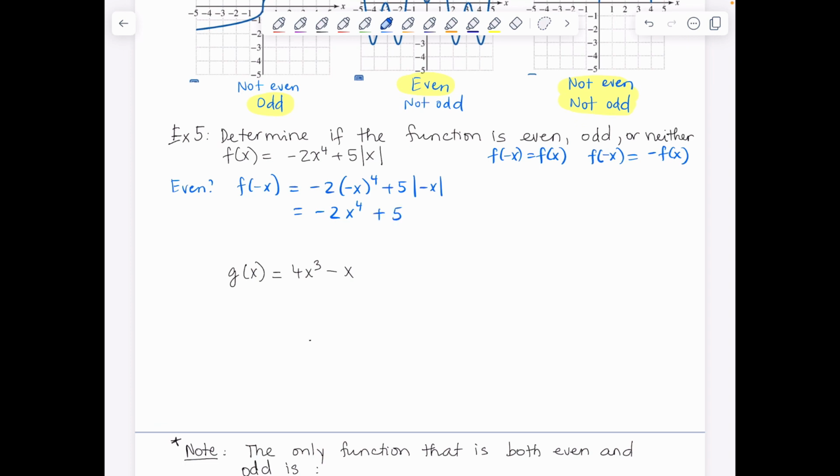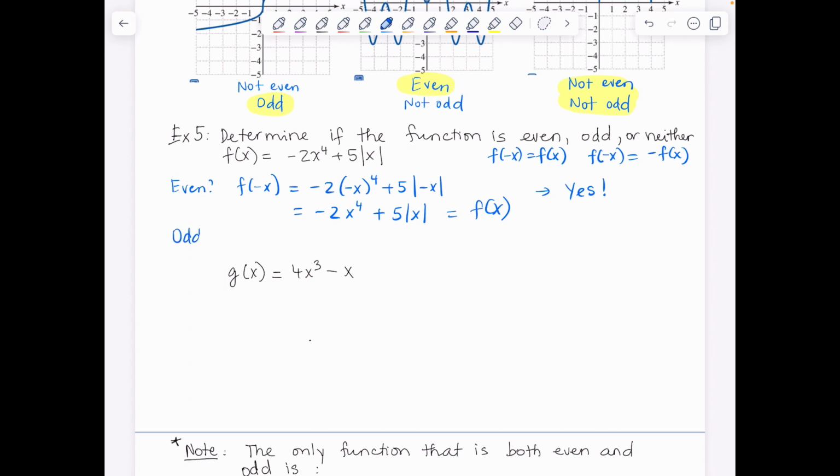And then when you take the absolute value of negative x, that's still the same as the absolute value of x. So we still end up with 5 times the absolute value of x. Now, as you can see, this looks exactly the same as f of x, the original function. Therefore, you can claim that because f of negative x is the same as f of x, this function is even.